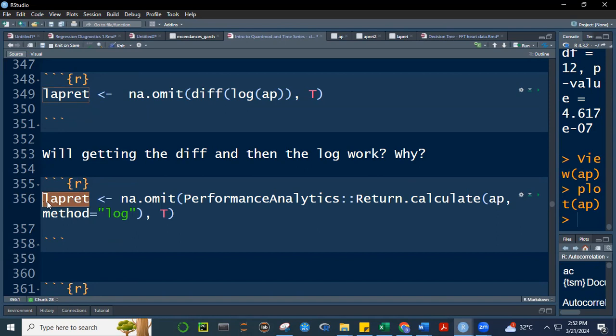It's an object containing the log returns of the adjusted prices of Apple. We used Return.calculate from PerformanceAnalytics. You can also use CalculateReturns here. And the method that we use is log, and then we omitted the first row so that we have no missing value.